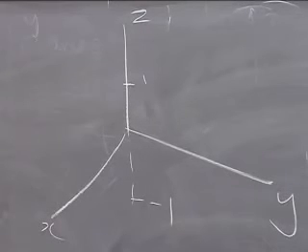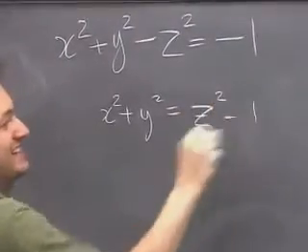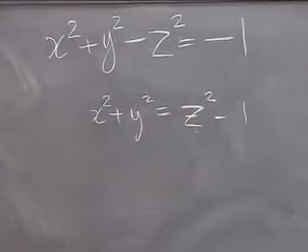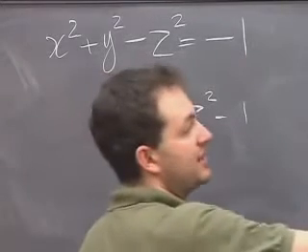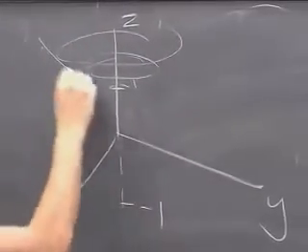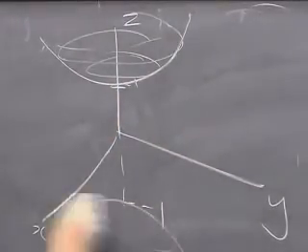Because if you write it as x squared plus y squared equals z squared minus 1, you'll see the right-hand side has to be positive, or at least 0, for you to have a solution. So z has to be greater than 1 or less than minus 1. And what you'll end up with is circles that get bigger, but only from 1. It looks like a little bowl, and another bowl down here.